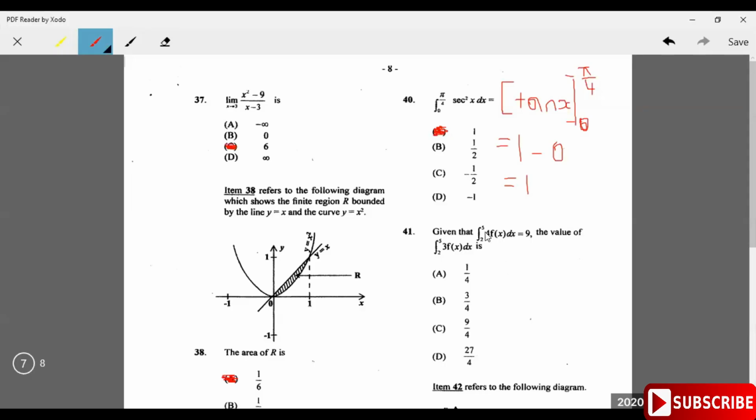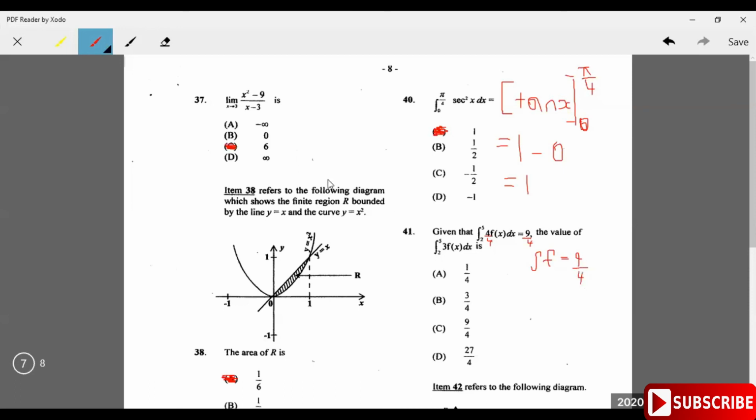So now, if we divide both sides by 4, the integral of f of x is 9 over 4.